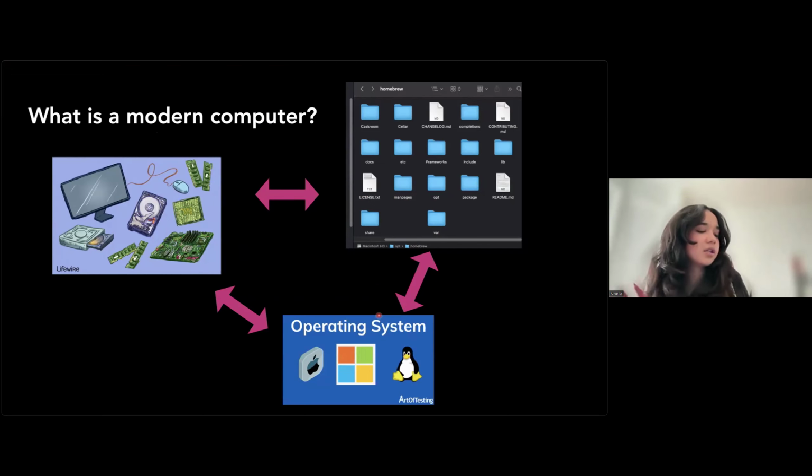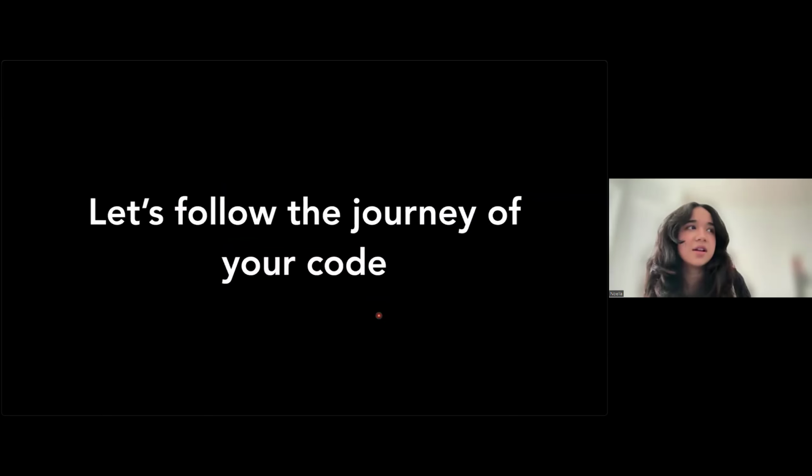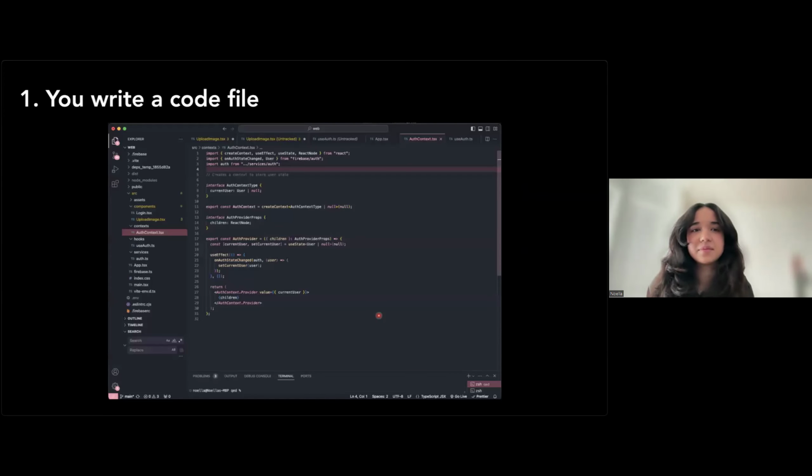So now, knowing all that we know about computers, let's follow the journey of your code. Step one, we write our code file. This is just a file like any other, and I'm using an application, Visual Studio Code, to edit and write all the code.